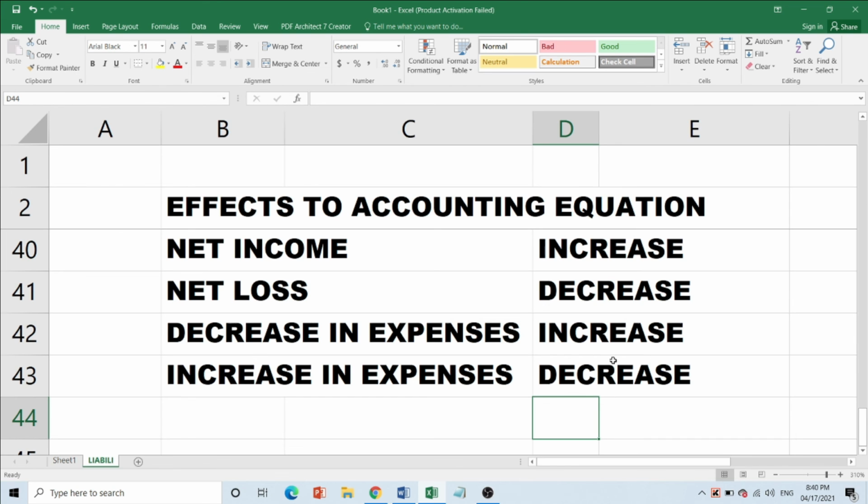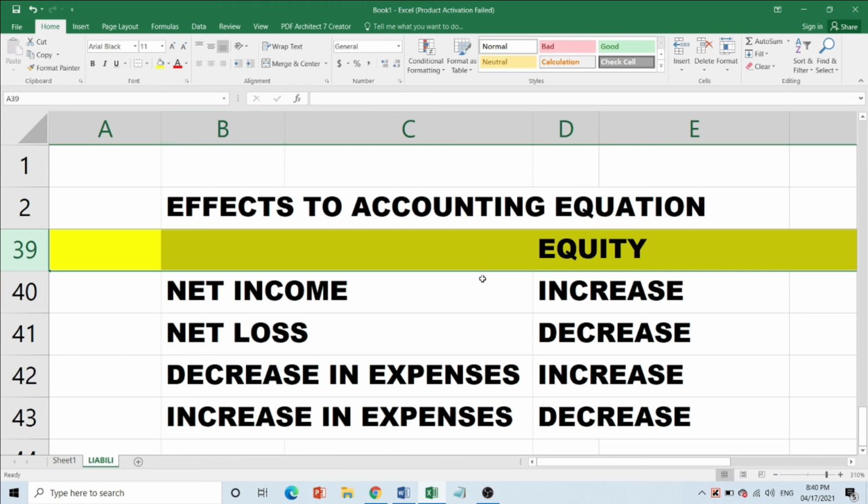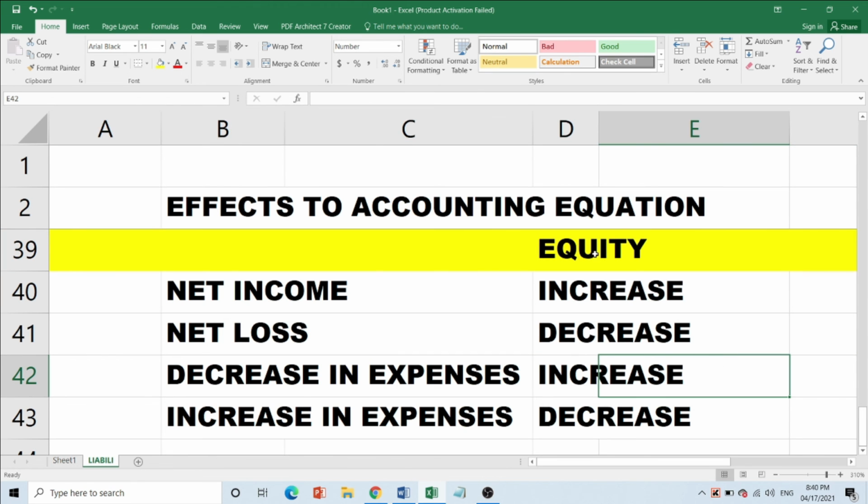So whatever is the decrease in expenses, mag-increase po ang ating equity. Kapag naman ang mangyari niyan is nag-net loss tayo, decrease po yan sa ating equity. Yan. Take note of this. So ito yung effect dito sa equity. Net income increase, net loss decrease, decrease in expenses, increase sa ating equity, increase in expenses, decrease sa ating equity.